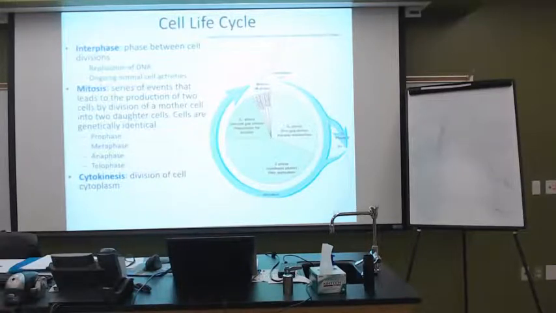The final part that has to occur is the cytokinesis, which is literally division of the cytoplasm. Okay? It's where everything else has duplicated, meaning organelles, cytoplasm, cytoskeleton, everything else has duplicated, and we have now pinched off and become 2 new cells.